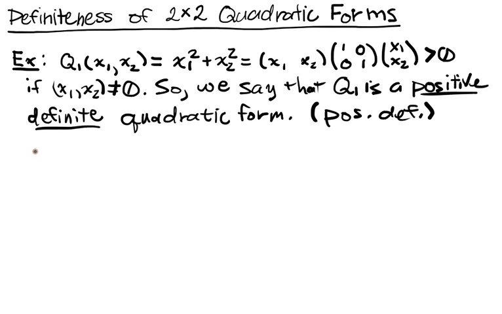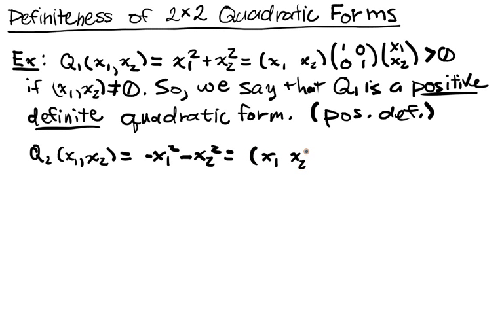Now Q2 of (x1, x2) is equal to negative x1 squared minus x2 squared. This is given by (x1, x2) multiplied with the matrix negative 1, 0, 0, negative 1, times (x1, x2).